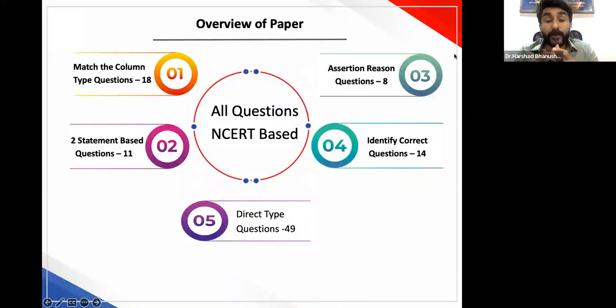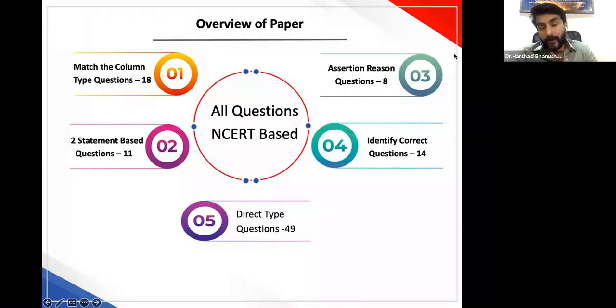So this is the overall overview of the paper with respect to the type of questions asked. As you see, there were 18 questions which were match the column type. That was a very big number compared to last year. You had 8 questions which were assertion reason type, which is increased as compared to last year. You had 11 questions in which statement 1 and statement 2 were given, and you were told to find out whether both are correct or both are incorrect, or which one of them is correct.